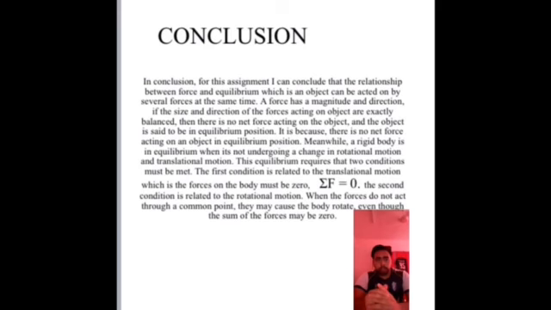Meanwhile, a rigid body is in equilibrium when it does not undergo a change in rotational motion and translational motion. This equilibrium requires that two conditions must be met. The first condition is related to the translational motion, which is that the force on the body must be zero: summation of F equal to 0.